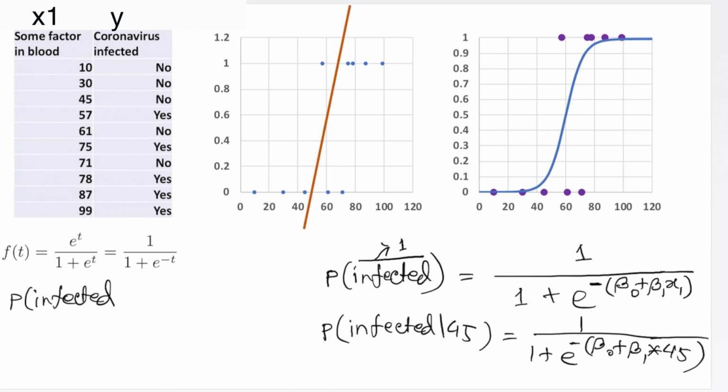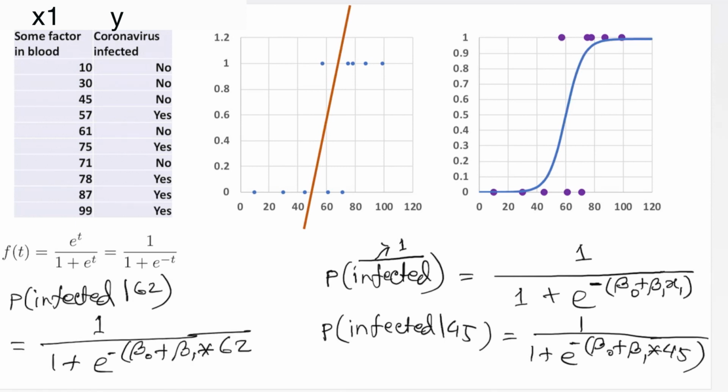If someone comes with a factor of 62, then the value would be 1 over 1 plus e to the power minus (beta naught plus beta 1 times 62). So this value is actually the x1 value.